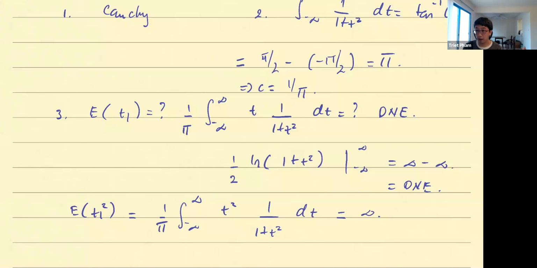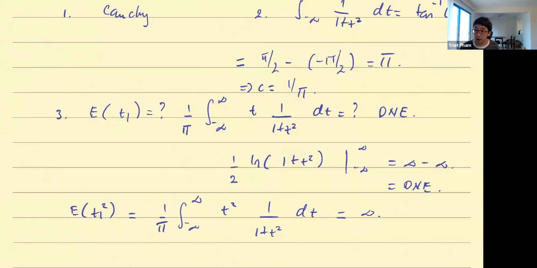This is infinity. It does not exist because this is purely positive. And if you look at this, the integral does not decay as t goes to infinity because this ratio is 1. So the area keeps getting larger and larger. So it's just infinity.